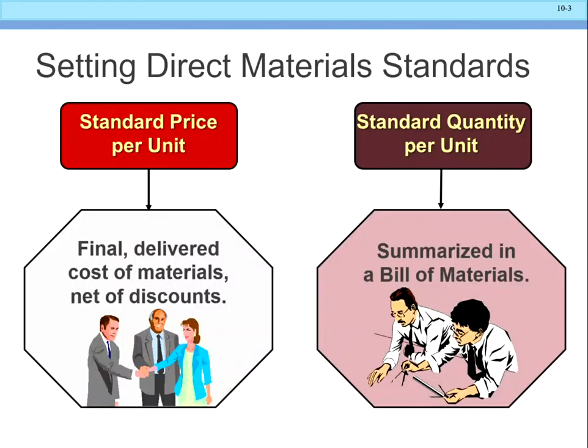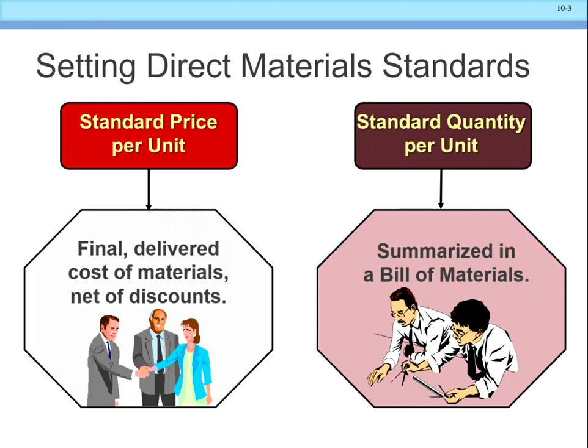Okay, so where do we get the information for setting standards? For the per unit cost, we look at the final delivered materials, net of discounts. For the quantity standards in terms of materials, we look at the bill of quantities or the bill of materials. We just look at our past performance: how many units of material do we need for each unit that has to be produced.